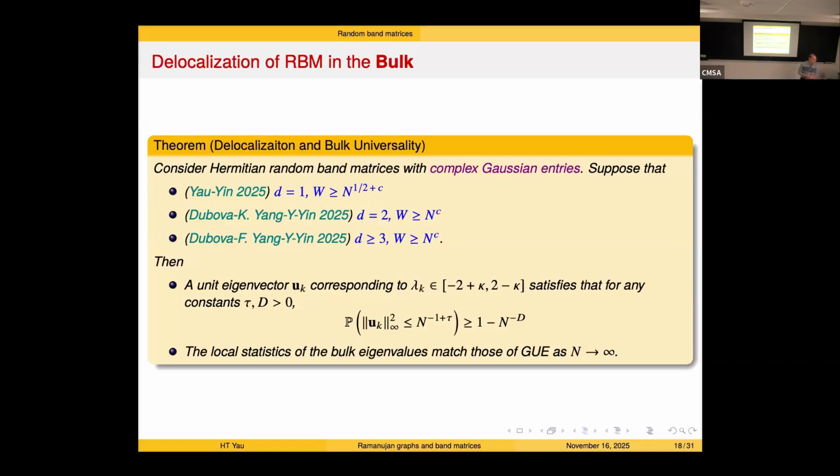And so the reason Sarnak believed that almost no random regular graphs are Ramanujan is that he was using algebraic methods. He believed that only the algebraic method can show the existence of Ramanujan graphs. So that's why he believed that there are no random regular graphs that are Ramanujan.